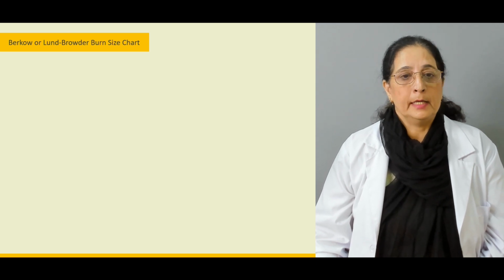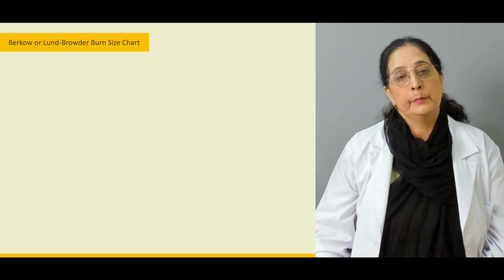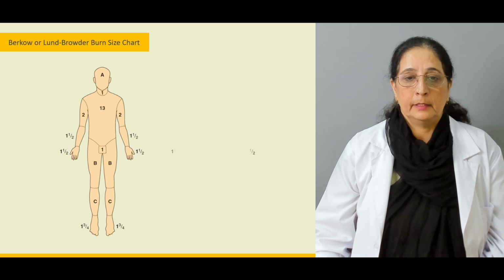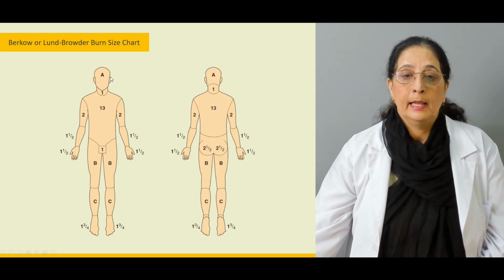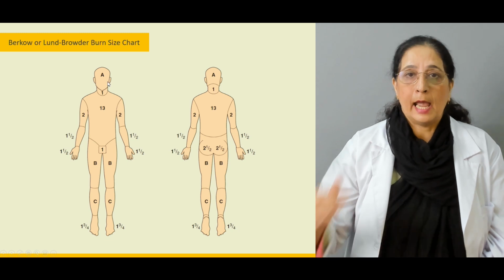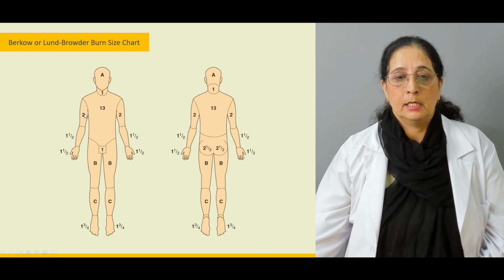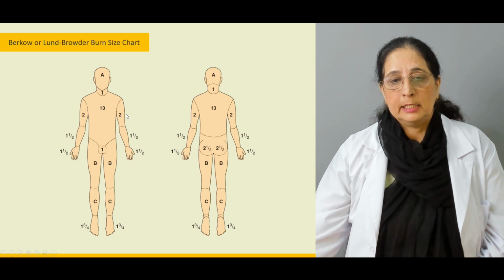Another method is known as the Berkow or Lund-Browder burn size chart, and that's the chart that is important, the front and the back. A is half of the head. Then we have 1 and 2. This is 1.5, 1.5, 1, and then again 2.